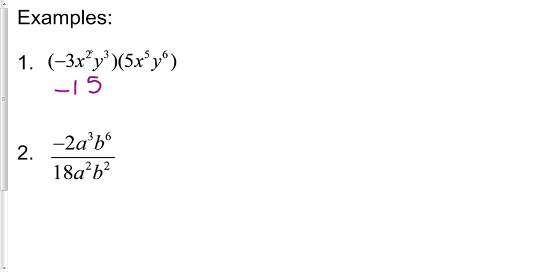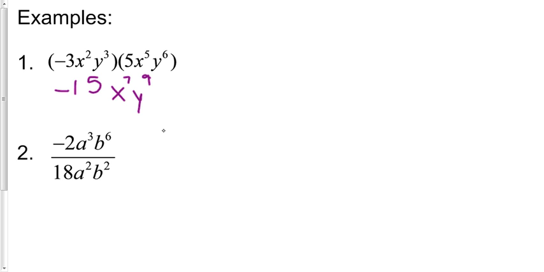And now I'm going to put together the ones that have the same variable. So x squared times x to the fifth, that's x to the seventh, because we want to add those powers. Y to the third times y to the sixth, we can put those together because they have the same base, and we get y to the ninth. Negative 15, x to the seventh, y to the ninth.